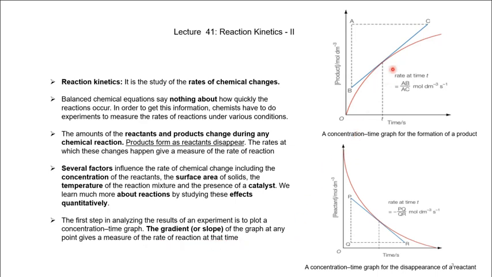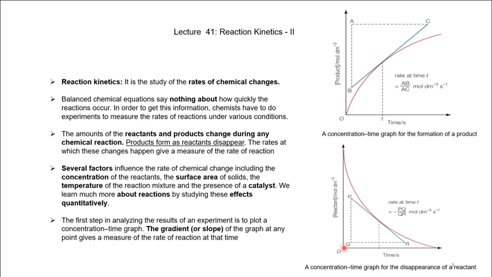Let's see about this. This is a product, and we are looking at product against time, and then we see that the graph is like this, and then we draw a tangent on it, and by that tangent we get the slope, that is the gradient, the rate at any time.